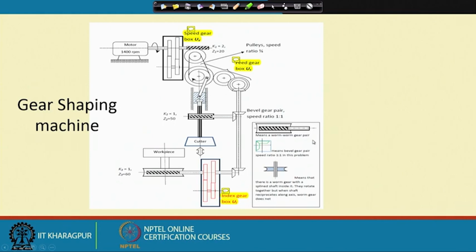Next, gear shaping has a structure of this type. Let us try to draw the schematic drawing, since it is not provided here. So, if we notice, this is the motor, this is the way you can read it. This is my motor.